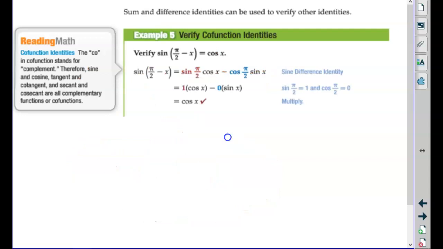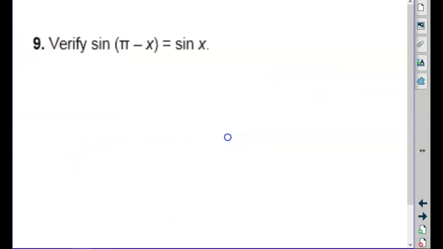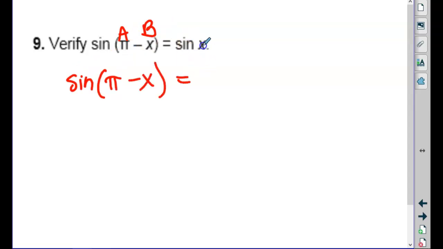All right, the next thing we're going to do is proofs using these. So this is a verify question. So what you do, this is number 9, is you write out what the sine A minus B would be. Okay, so the first step is sine of pi minus x equals, there's a right-hand side there. But the rule for sine A minus B says what on your sheet?